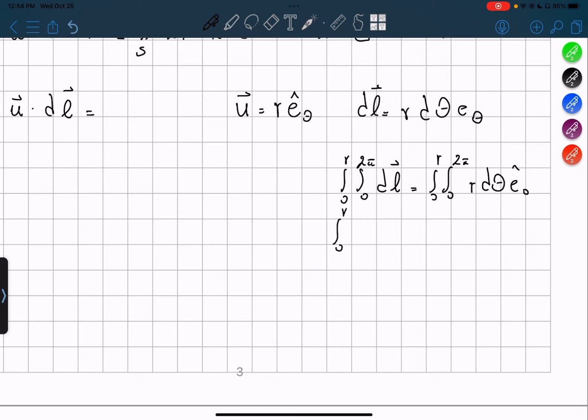Theta goes from 2 pi to 0, so just 2 pi, so we get 2 pi r, which can remind you of the circumference already, and then we integrate over r, so we get 1/2 r squared, and of course the 2 pi in front. So 2 pi times 1/2 r squared from 0 to r equals 2 pi times 1/2 r squared. We simplify the 2's, and we get pi r squared.